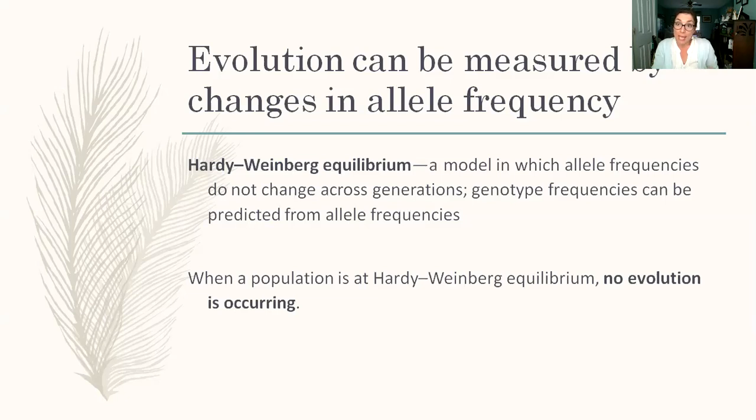In other words, they're assuming that evolution is not occurring. So this model is only applicable in a population where, we say, Hardy-Weinberg equilibrium is only met if evolution is not occurring. It's basically a way of calculating the frequencies of different alleles within a population and then saying, okay, these allele frequencies are going to stay the same as long as evolution doesn't happen.